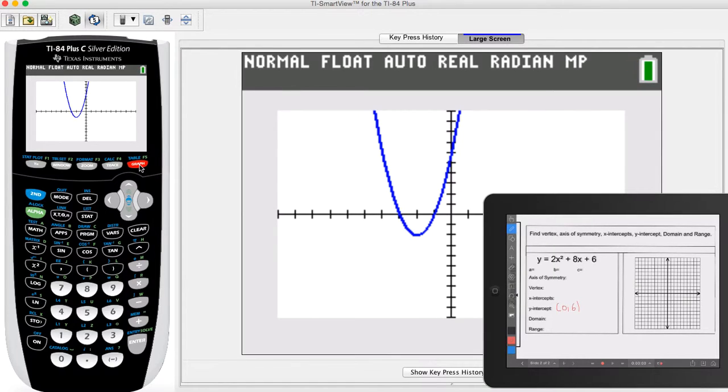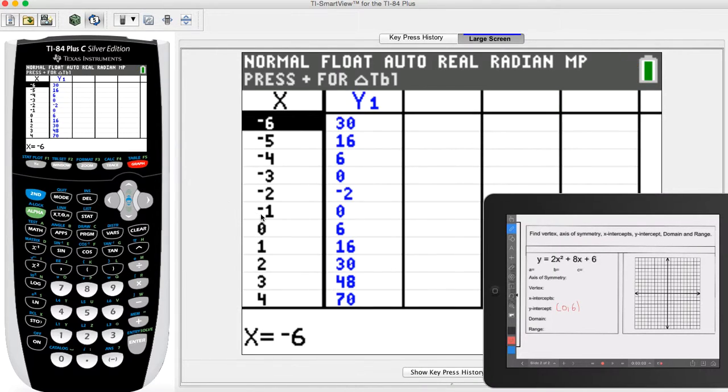Now remember, the vertex is going to be that point where everything around it is symmetrical. So let's double check. I have 0, 6, 16, 30, 0, 6, 16, 30. So my vertex is -2, -2. So let's write that down. And the axis of symmetry is always going to be the x of the vertex.